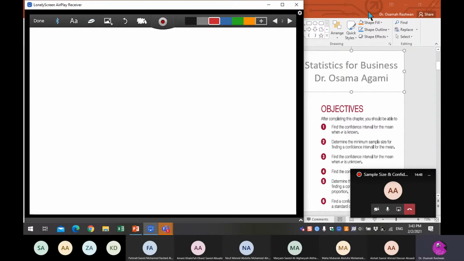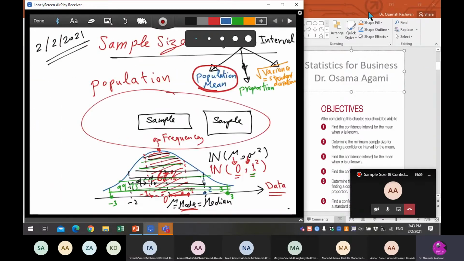Your population mean, you call it mu, right? So your mu, the mean of the population, will lie in this interval. What is the left hand side of this interval? Yes, this is why you are using the sample. You cannot study the whole population. You take a sample, and we know the types of sampling methods, right?